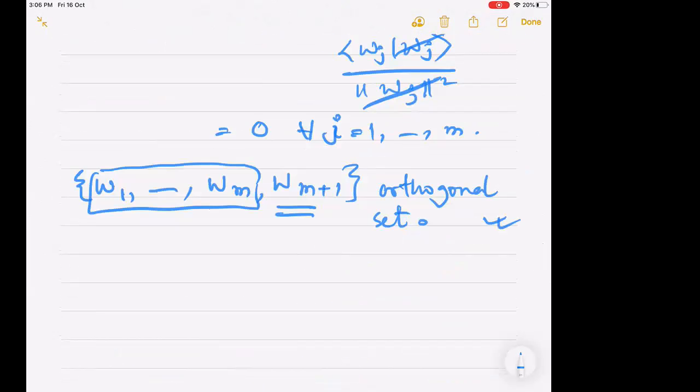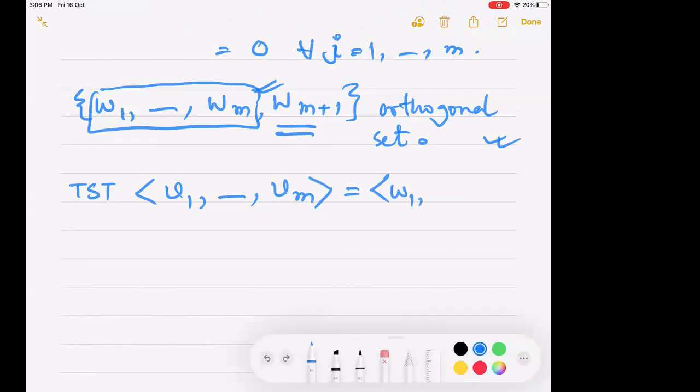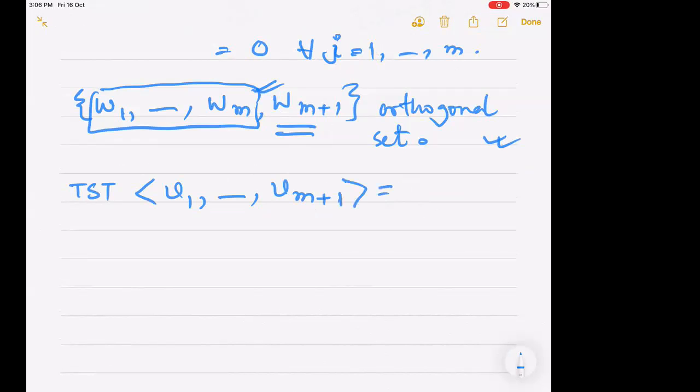How to show the nested chain property? Well, the nested chain property is already true all the way up to Wm. So all I have to show is that the span of V1 up to Vm plus 1 is equal to the span of W1 up to Wm plus 1. Now, why is this true? First of all, notice the following.